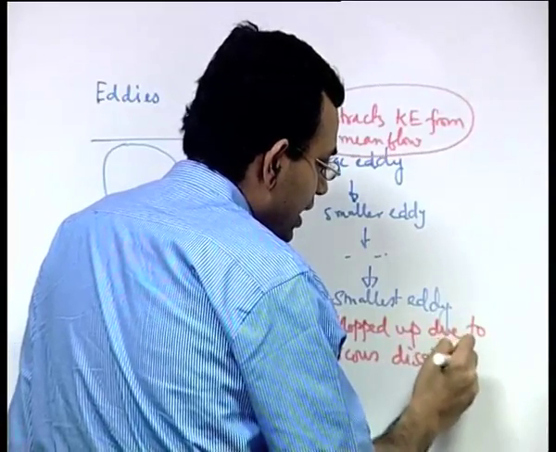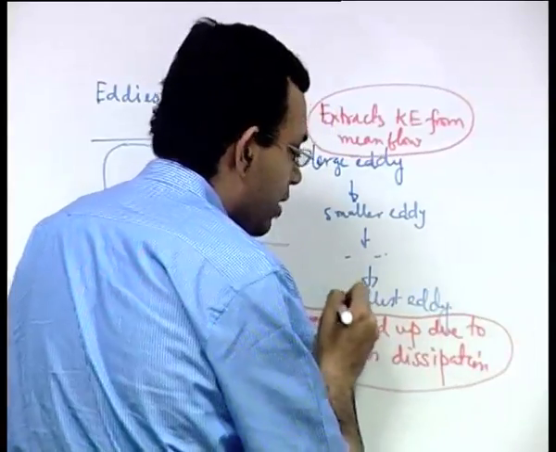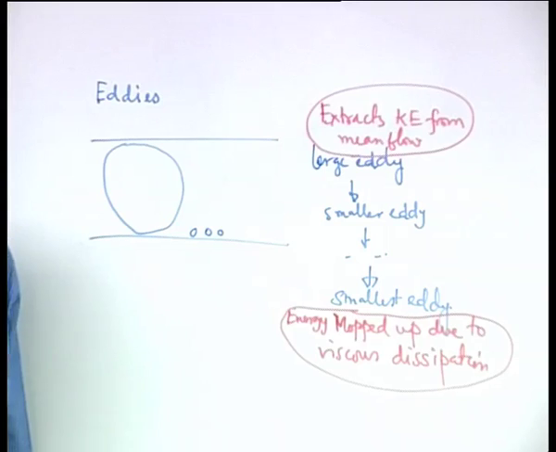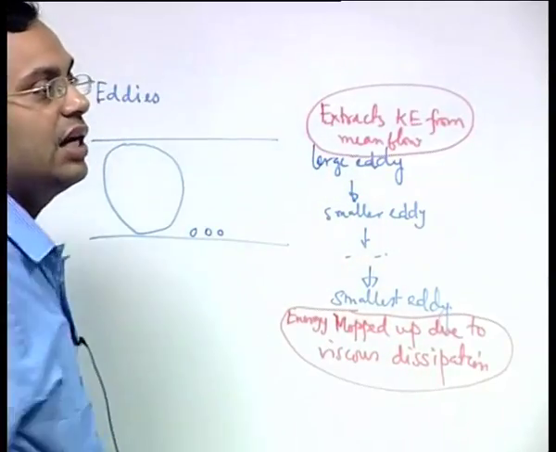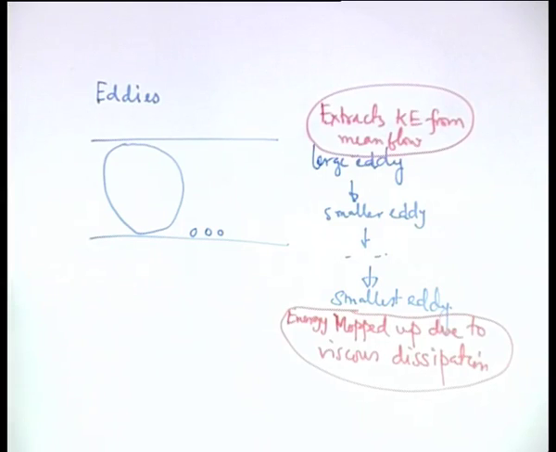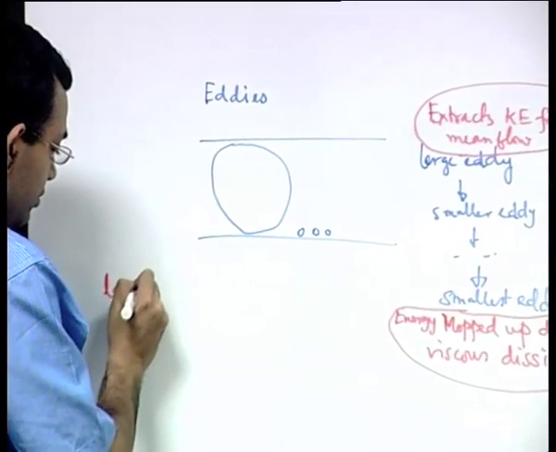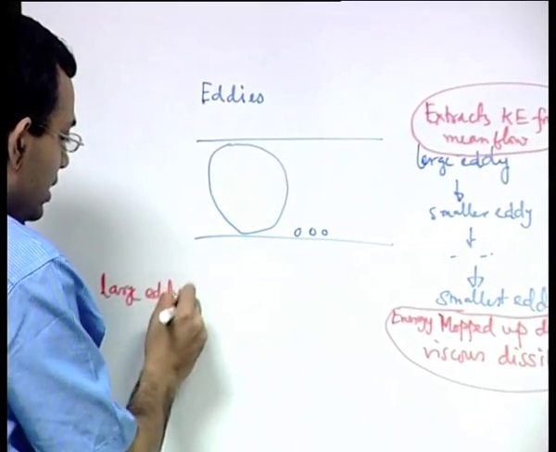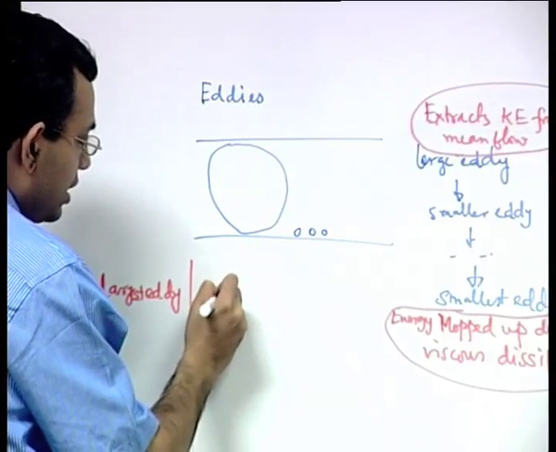The question is, why can the energy not be mopped up by viscous dissipation in the large eddy, and why do you have to go to the smallest eddy scale? For that, we have to understand the differences in scales of the large eddy and the small eddy. Let us consider the largest eddy and the smallest eddy.